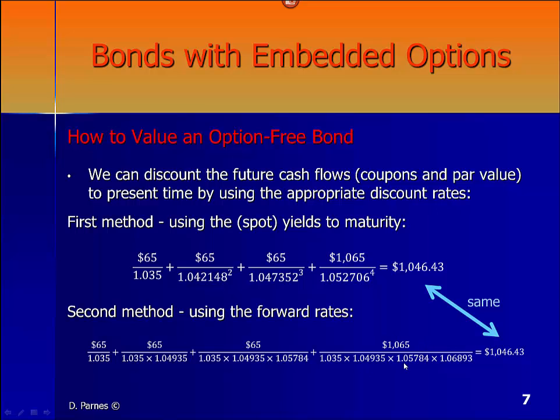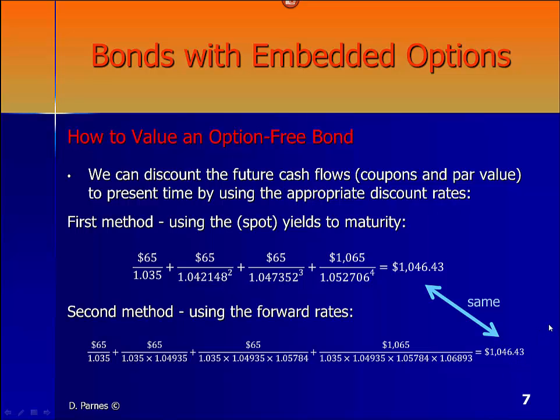Same thing we're applying to the forward rate at year number 3, the par value and the coupon, which is 1,065. We're discounting it by each and every forward rate until we're bringing it to present time. If you do all of this math, you will see that the valuation is identical to the spot rates, also $1,046.43.